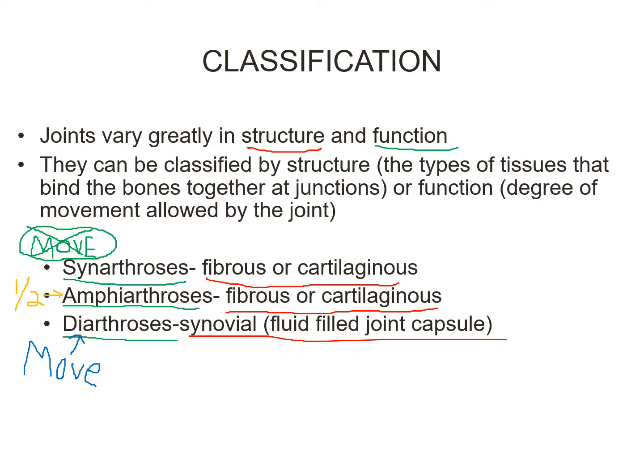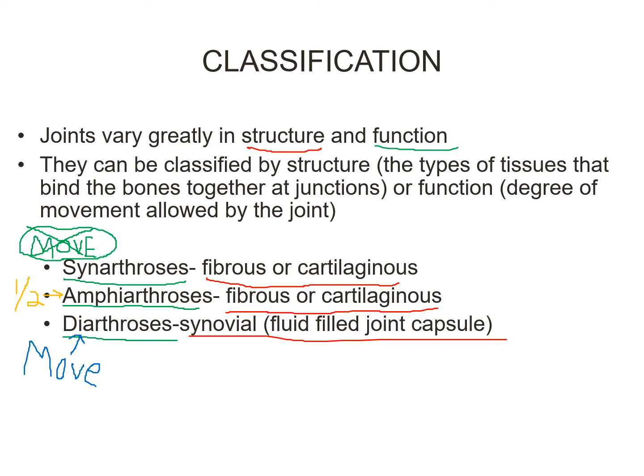Let's move on to the red structures, the underlined in red structures. This is how we're going to classify the anatomy. What is this stuff made up of? So you can see the synarthrotic joints are made up of what we call fibrous joints and cartilaginous joints. So the fibrous joints are going to be made up of fibers, right? We've been talking about different protein fibers, mainly collagen fibers or elastic fibers.